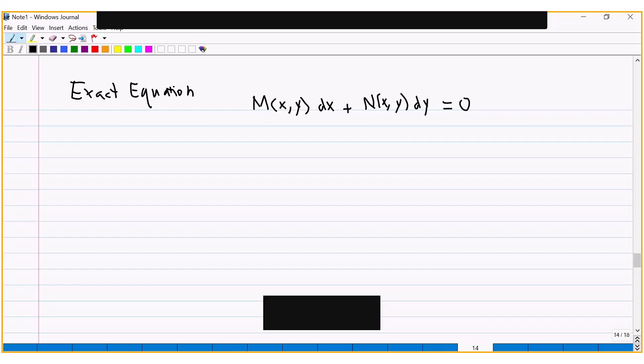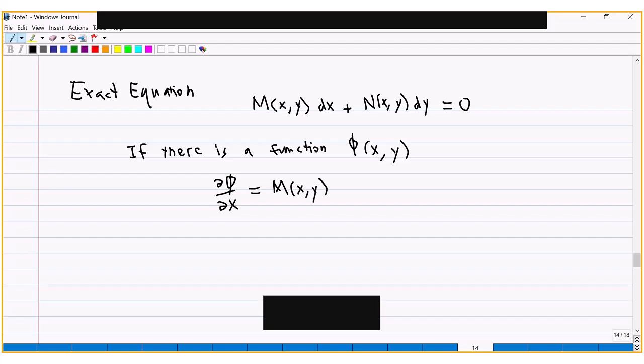I want to say this is an exact equation if there is a function f(x,y) such that differentiating this function with respect to x gives M(x,y), and differentiating this function with respect to y gives N(x,y).